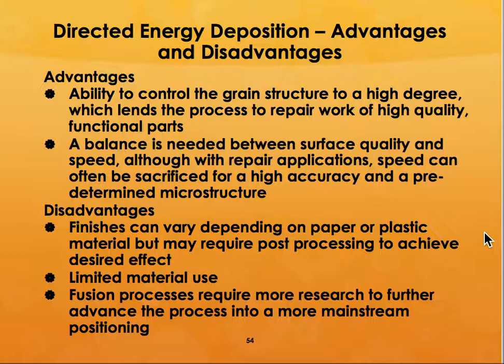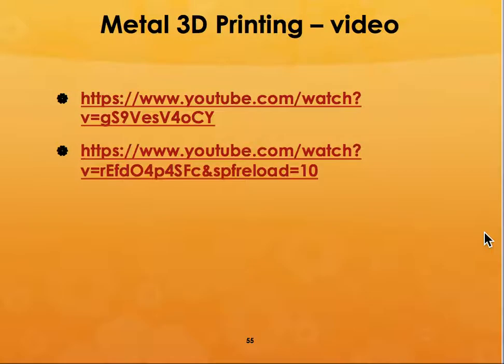In this case, because you are using lasers to control the process, sometimes you may not be able to use materials like aluminum or copper, which are pretty shiny. So you may have a little bit of an issue using this equipment for many of the components.